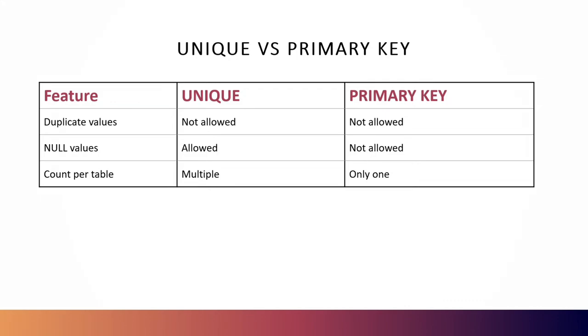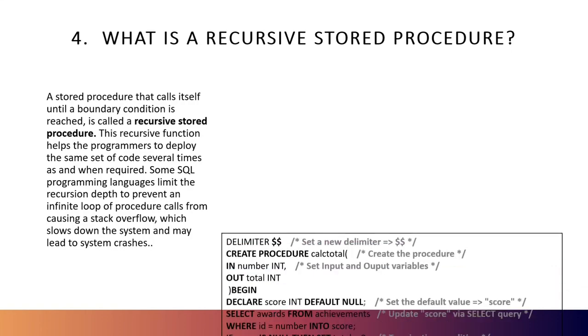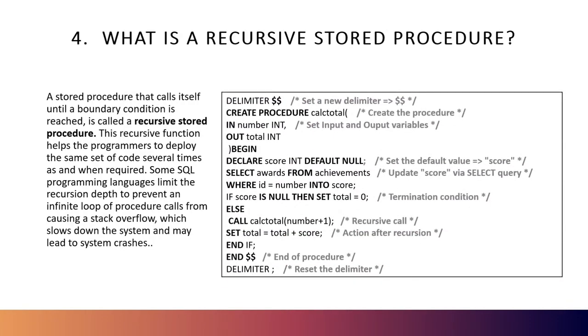What is a recursive stored procedure? A recursive stored procedure is a procedure that calls itself until a specific condition is met. It helps reuse the same logic and avoid writing it multiple times. Take care to avoid infinite loops, as databases limit the recursion depth.